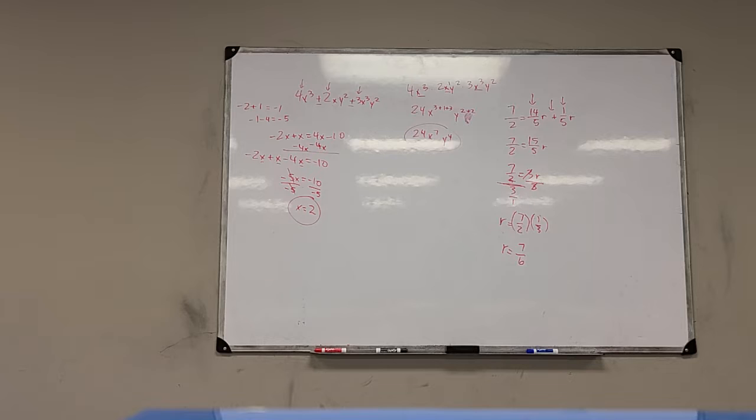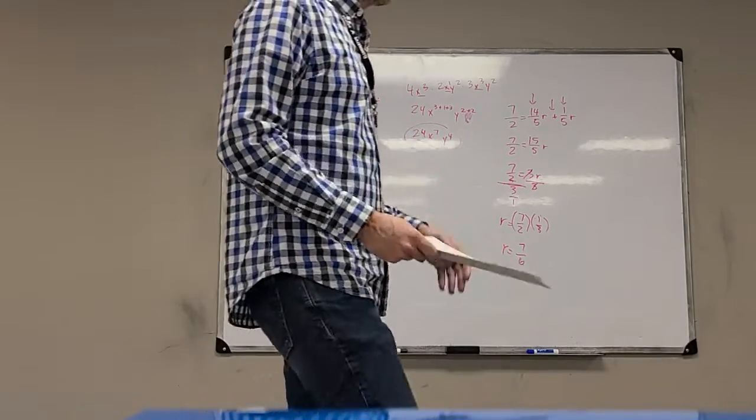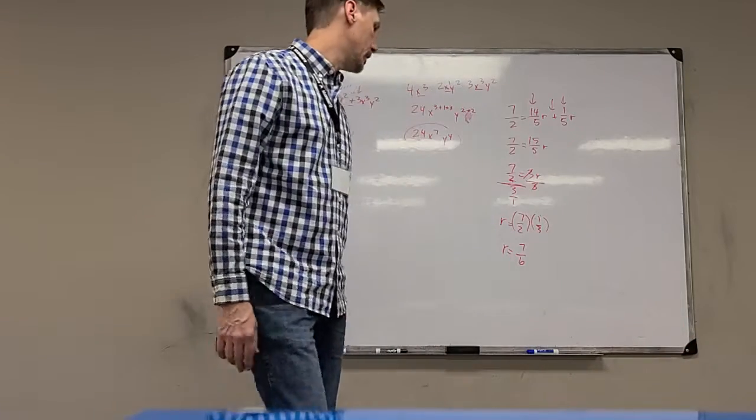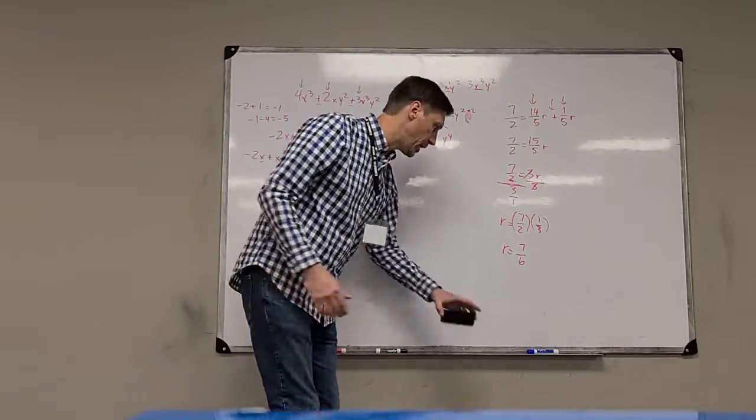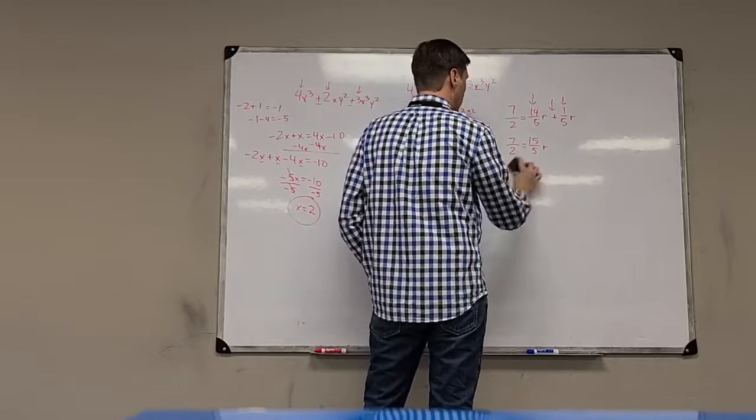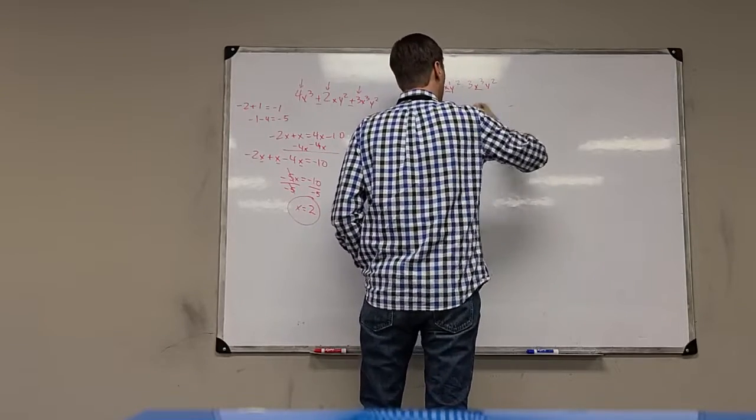So I think that there is potentially some confusion still with like terms, when you can combine them together and when you can't. That is a really important algebraic concept that I want to make sure you guys understand.